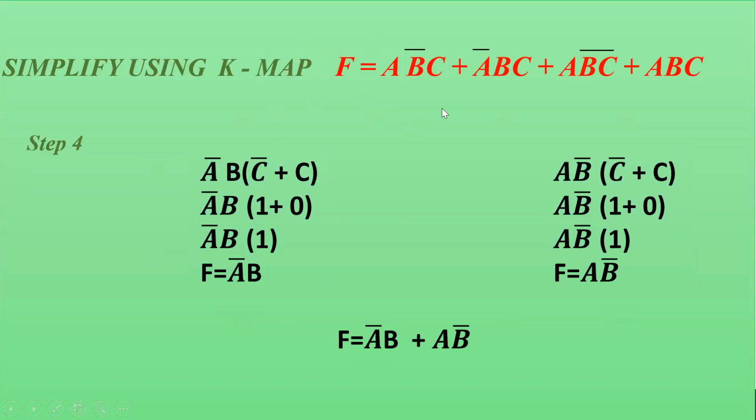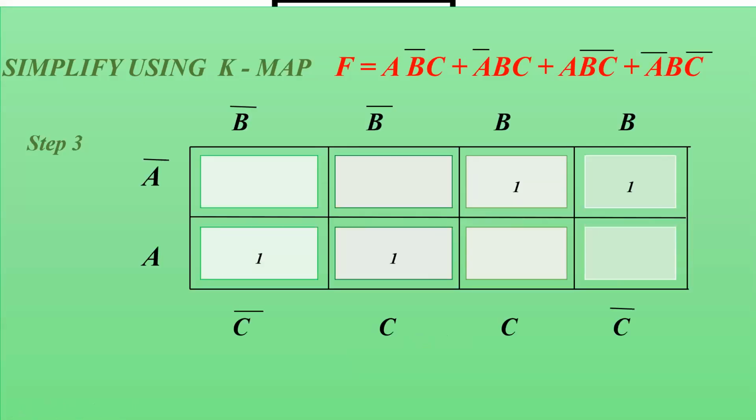The first one is A, A complement B, A, B complement and C. A complement, B and C, and A, B, C complement. These two values make a single group. Look, this one.